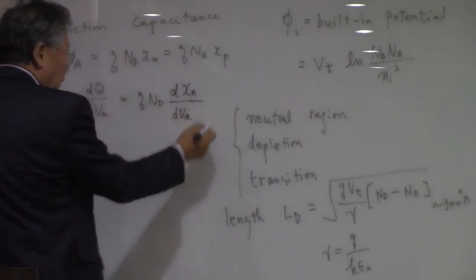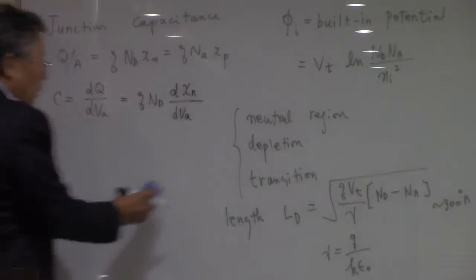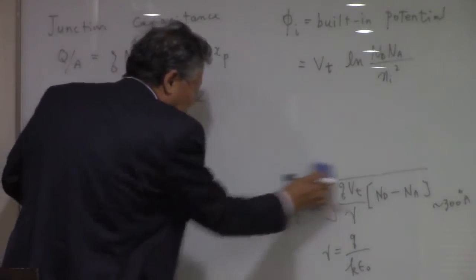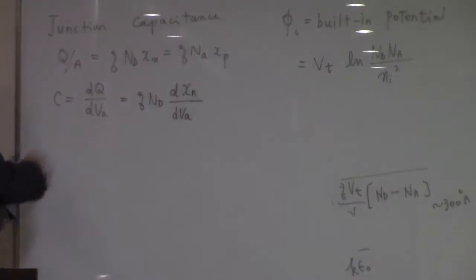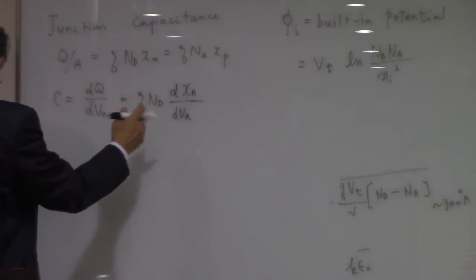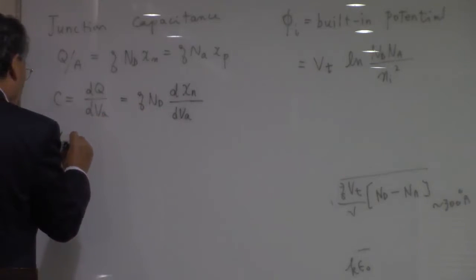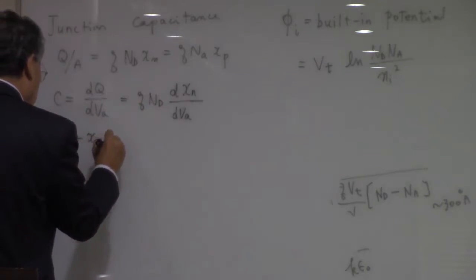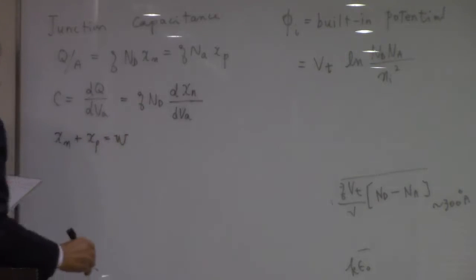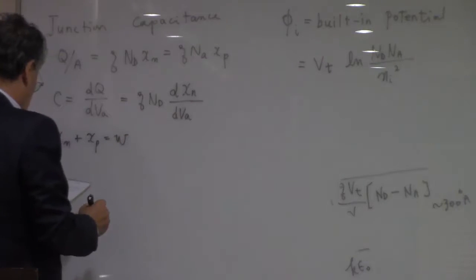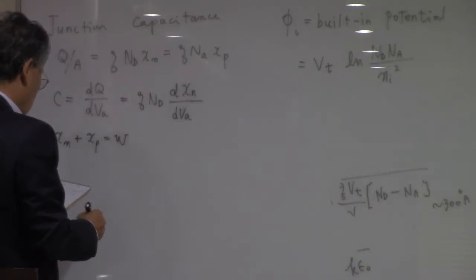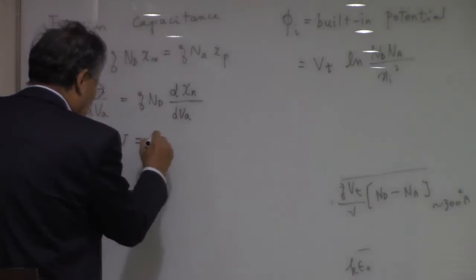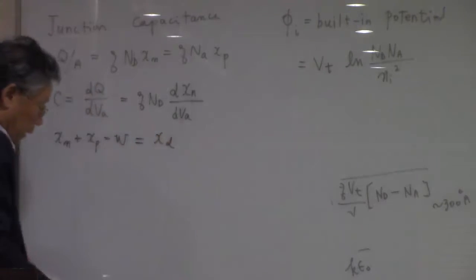So that is the only variable with respect to the applied voltage. The other terms are just fixed. So the capacitance can be written simply just like this. And we know Xn and Xp is going to be W. And now let's say this is XD.